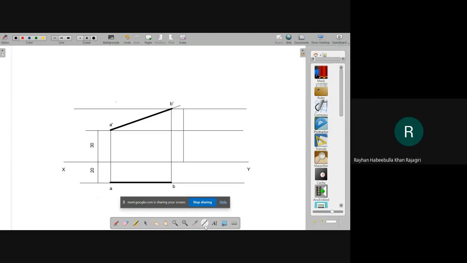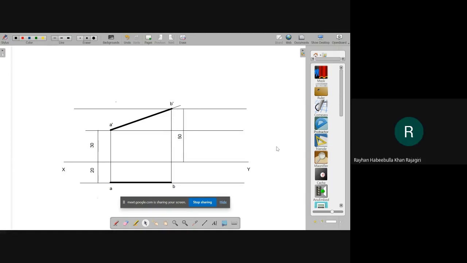Sir, in the question, we assume that A is on the left side and B is on the right side, right? You can assume the other way also. Anyway, you will get the same answer.